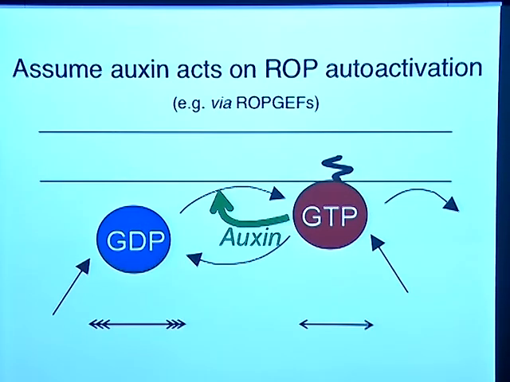And first, we tested whether or not auxin could be acting on this autoactivation step, because in yeast, when they bud, this is the step where regulators are acting to produce patches of ROP-related small GTPases in the yeast cell. So I'm going to show you an agent-based model first.